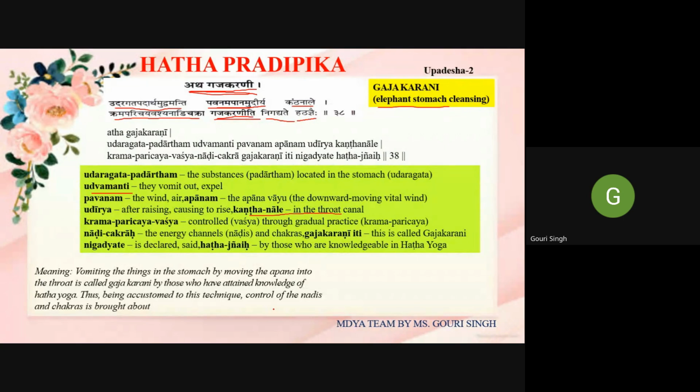Whenever you are moving your stomach and vomiting, it comes out, so that it will clear all your nadis and all the chakras. This practice is called the Gajakarani according to the different yogic texts. Yogis are telling this Gajakarani.